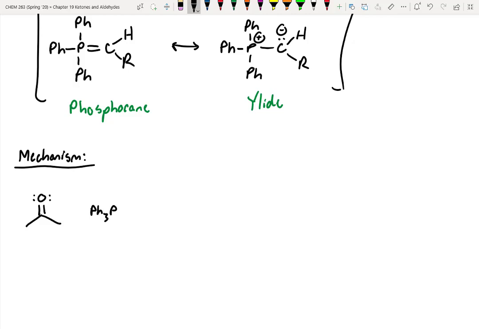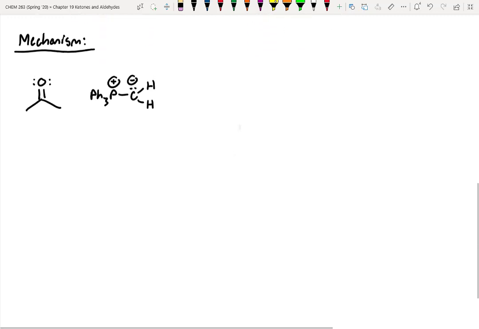And I'm just going to abbreviate all three of those phenyl groups as Ph3. So basically I'm just using the ylide form and I'm redrawing it down here. All right, so we've got those reagents set.